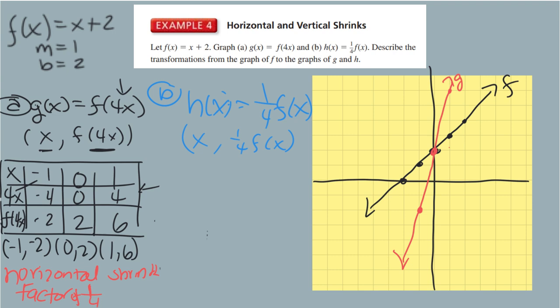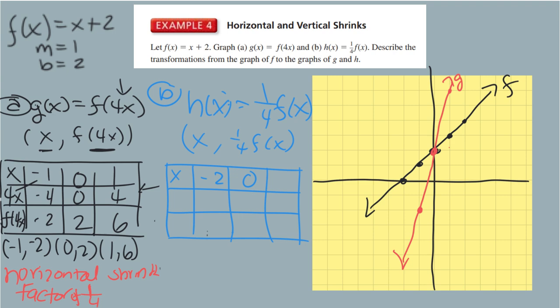Correct? So, again, we're going to do our table. I have a fraction. Because I have a fraction, I'm going to use multiples that are divisible, right? So I'm personally going to do -2, 0, and 2. I could also use -4, 0, and 4.